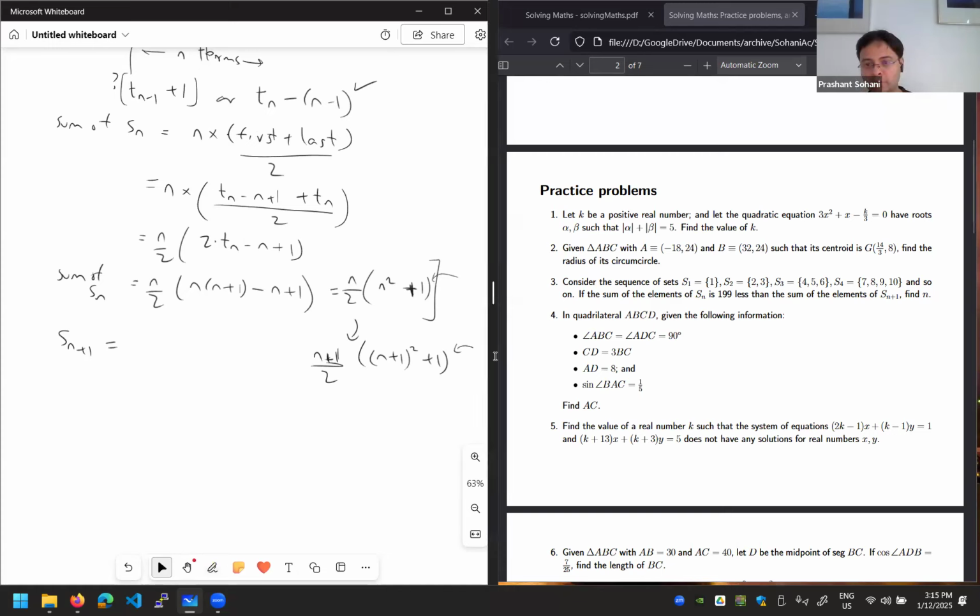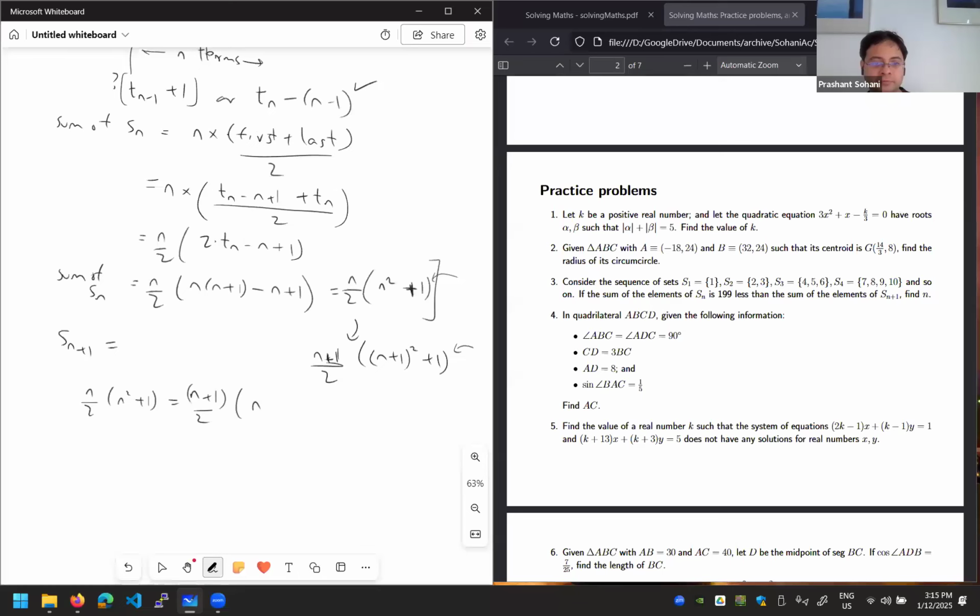And now the question is giving the information that the first sum is 199 less than the second sum, right? So therefore, I'm going to get the equation. This first sum is the second sum minus 199. And now I just have to solve for n, right?